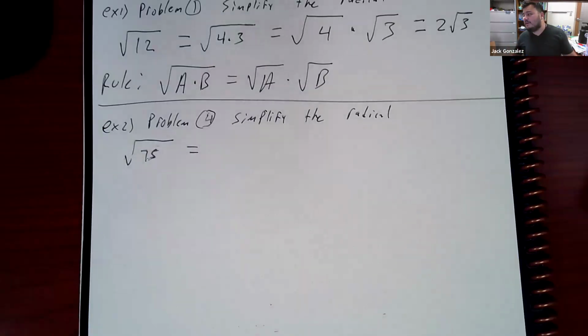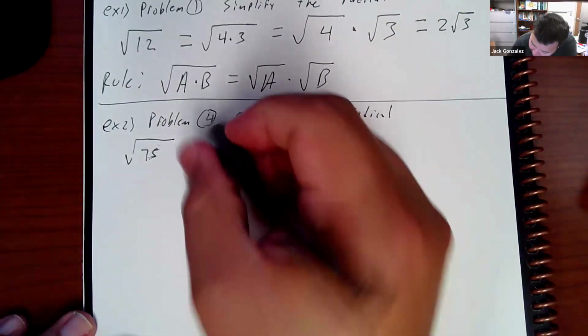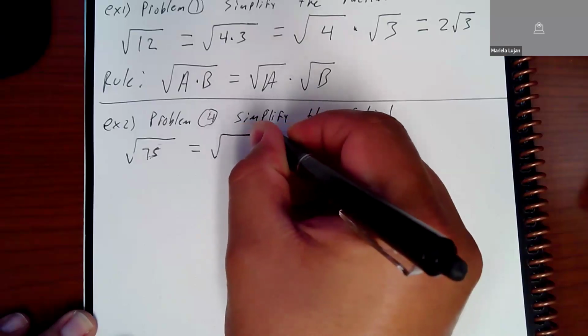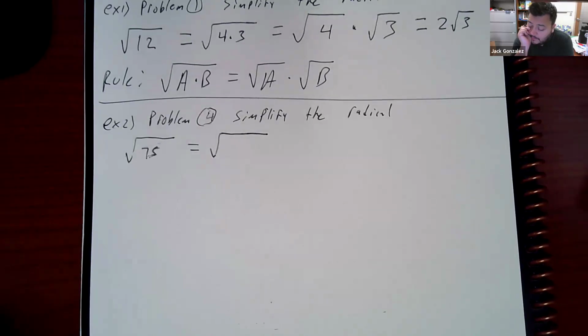So what goes in 75 that is square? The 5. What's that? The 5. Well, it has to be squared, so a number that is square. 5 technically works, but we want a squared factor.